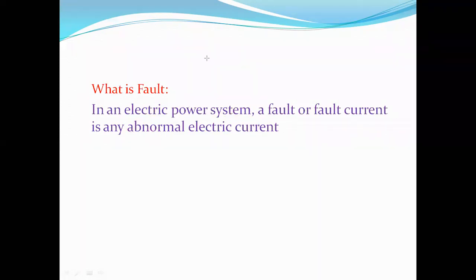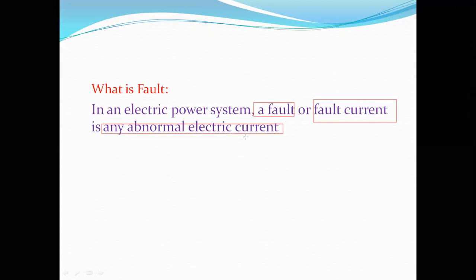I'm just trying to give an overview about the fault. Just try to remember it like this: in an electrical power system, a fault, or you can say fault current, is any abnormal electric current. Abnormal means something which is not normal. In an electrical system, voltage and current have some specific limit.